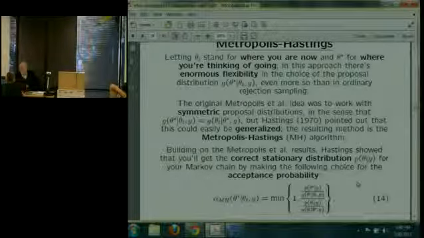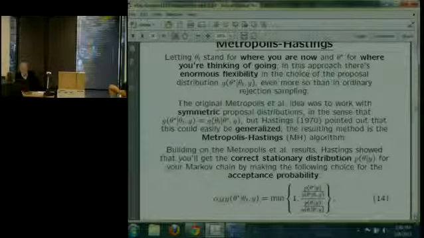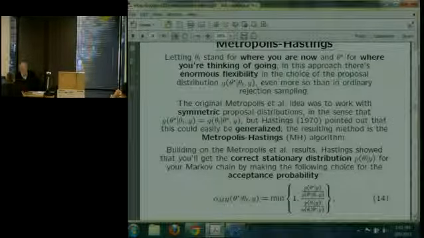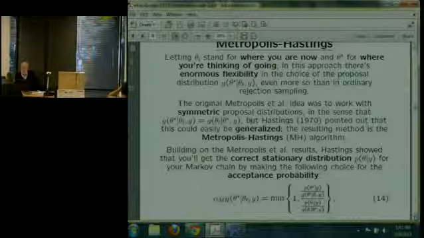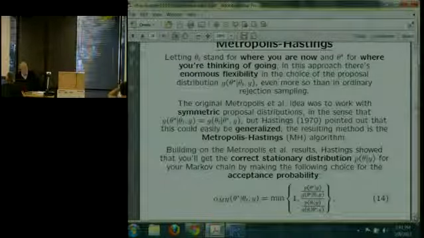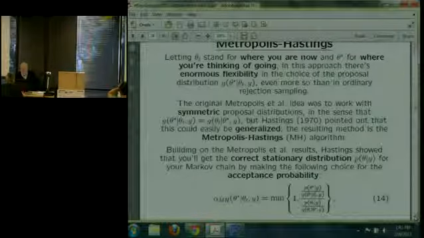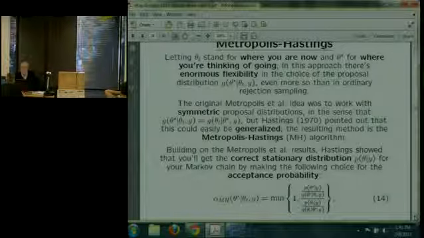And that expression 14, that ratio of ratios, is interesting because if you look at it, it's the same as the ratio of two von Neumann ratios, because you remember they were of the form P divided by capital G. You evaluate the height of the target versus the height of the envelope function. But you remember also that the envelope function was not normalized. And whatever normalizing constant you would use would have canceled in this expression here, because you could have used capital G or lowercase g in this expression and you get the same thing.